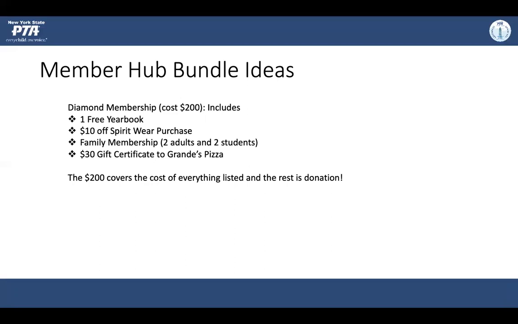The $200 covers the cost of everything, so your PTA does not shell out any of the money. And the rest of the money is donation, so you're making money on this. Bundles are a great fundraising opportunity and a great opportunity to get more members.